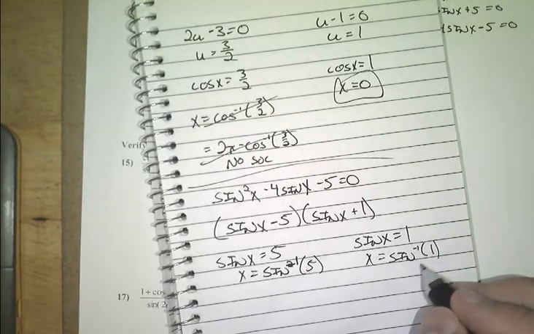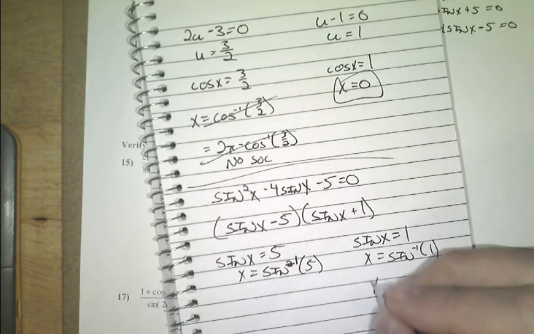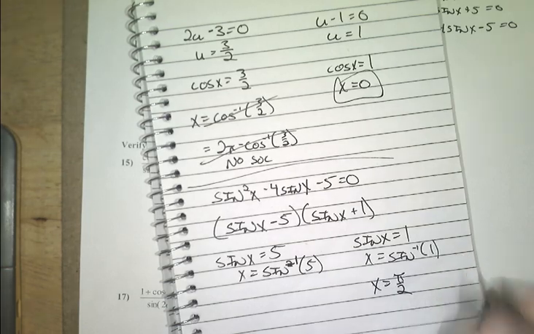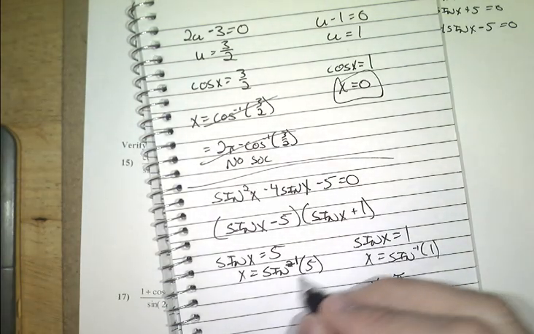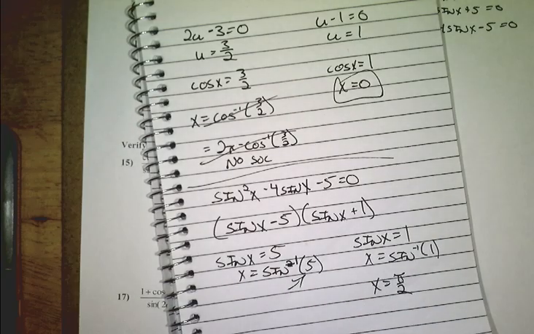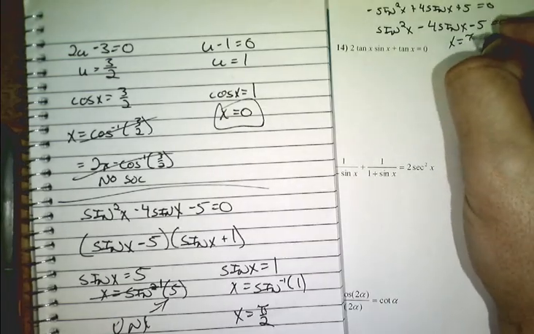Sine is 1 at the top of the graph, which is pi over 2, so we get pi over 2. And inverse sine of 5 is outside the domain of inverse sine, so it is undefined. So we just have the one solution, x equals pi over 2.